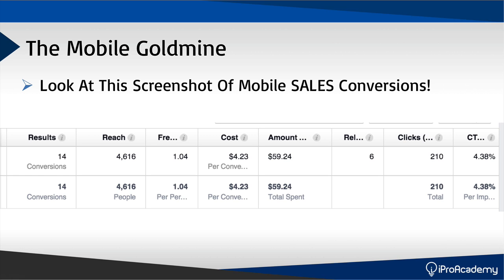And this is all from mobile. Look at that. I paid $60. I made 14 conversions at $4 a pop. And obviously, we all know the value per sale is going to be pretty high, because I always talk about value per sale. I'm able to make a tremendous result with mobile advertising right now on Facebook.